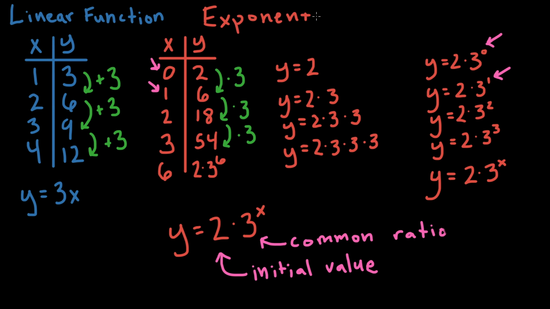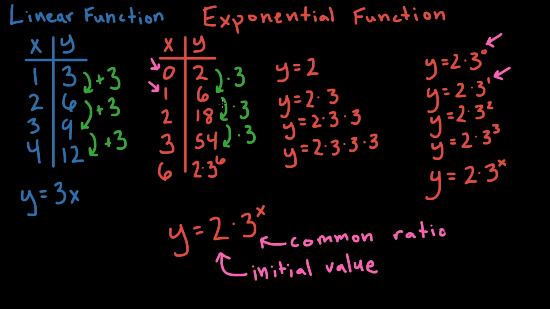The key understanding here is that with a linear function, we have a common difference at each step. We add 3 each time. With an exponential function, we're multiplying by a number each time.